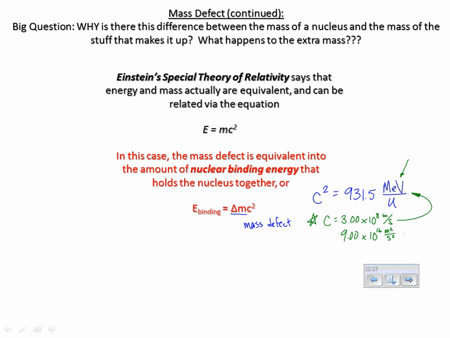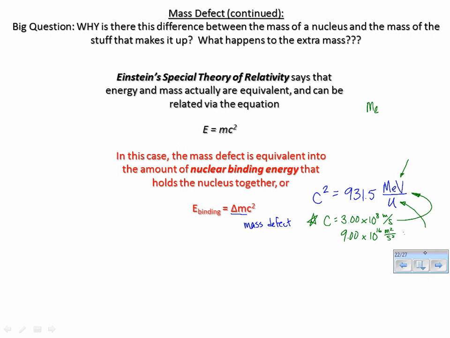And then a U, a unified mass unit, you have to find a conversion for that. For example, if we know the mass of an electron in U's and in kilograms, that gives you a conversion factor between the two. So go through that little exercise and prove that.